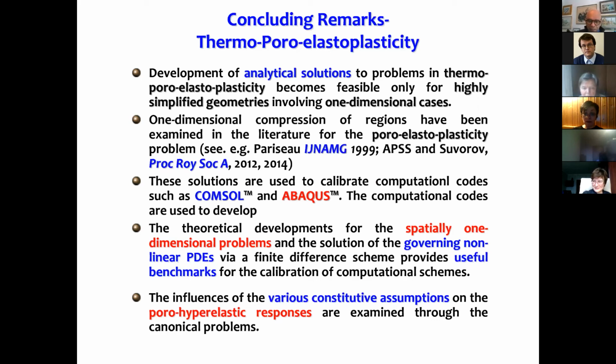They can help each other. The computational codes can help detect things that are wrong in the analytical approaches and vice versa. This is something very important to note. So the influence of various constitutive assumptions is examined through canonical problems.